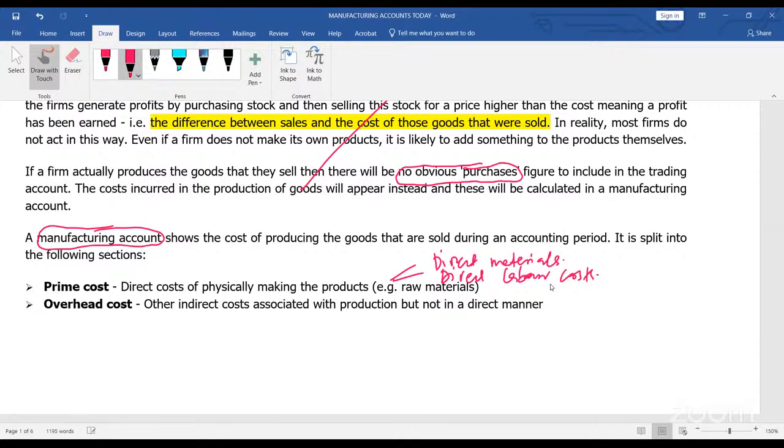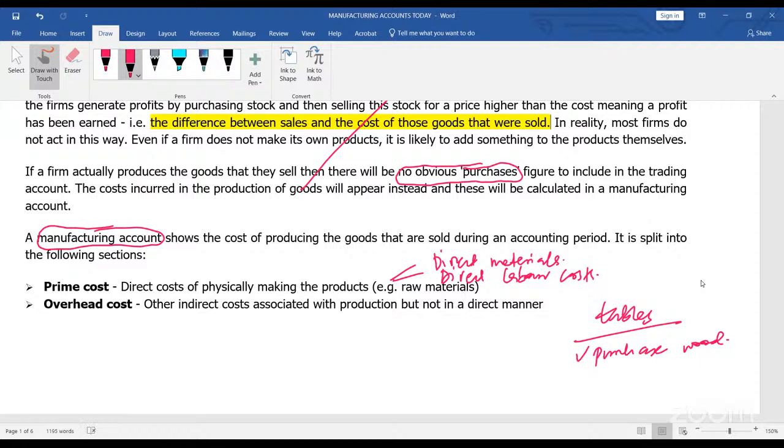Direct labor costs. All those are examples of pure direct costs. For example, if we are making tables, we have to purchase wood.